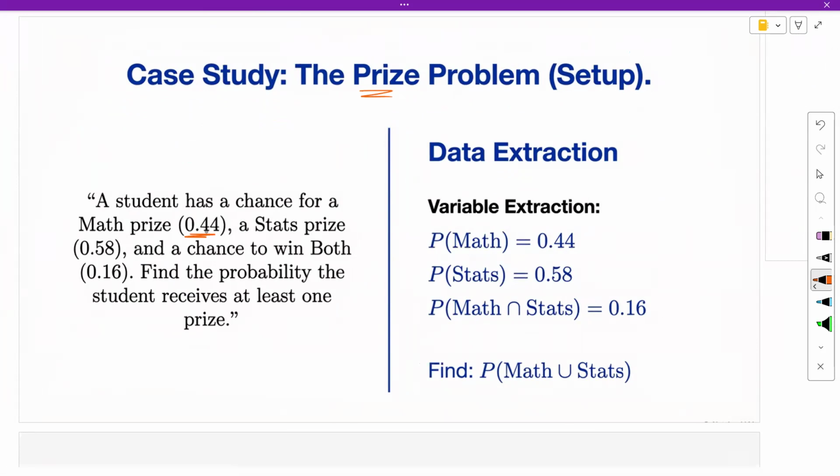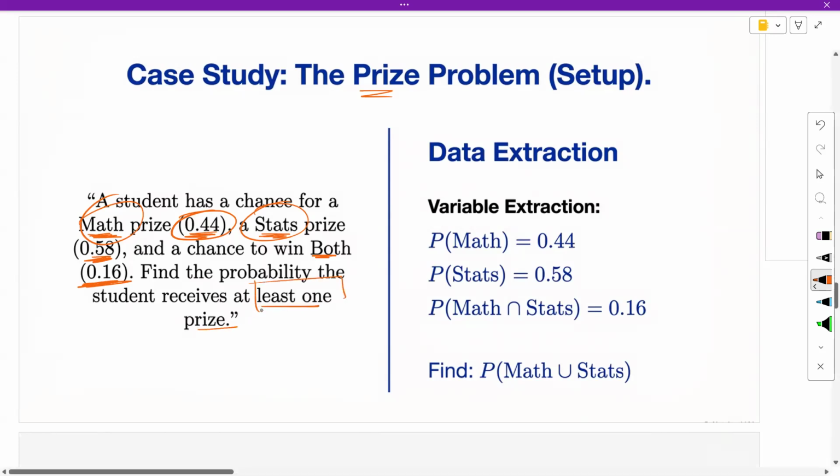A student has a chance of getting a prize for maths only at 44%, and a chance of getting a statistics prize at 0.58, 58%. The chance to win both the maths prize and the statistics prize is 0.16. Question: find the probability that the student receives at least one prize.